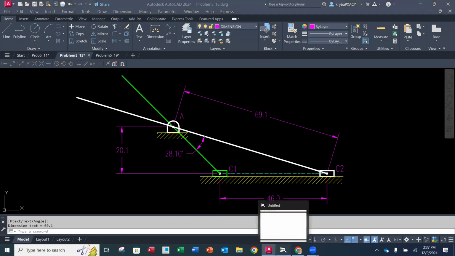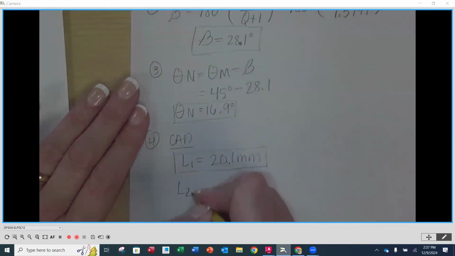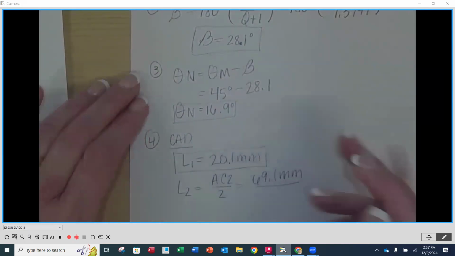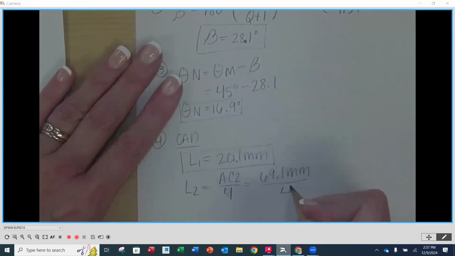So if I go underneath, L2 is going to be AC2 divided by 2. This is 69.1 millimeters. I'm sorry, not divided by 2, divided by 4.